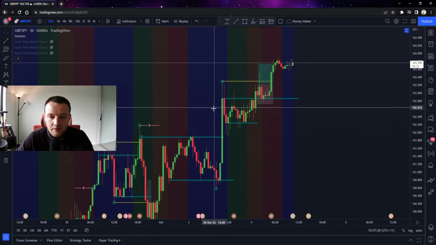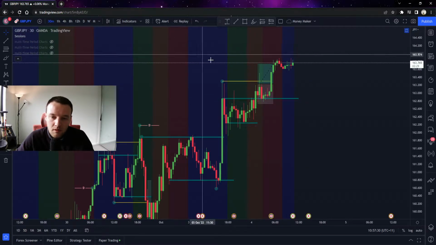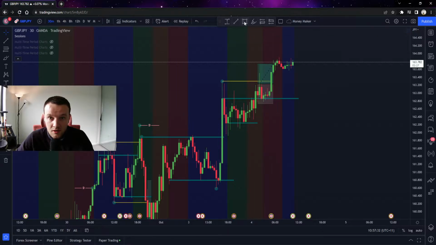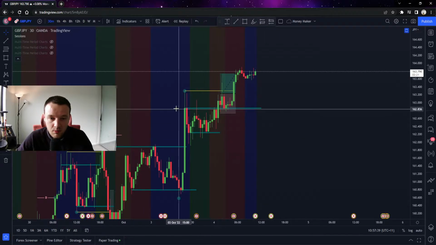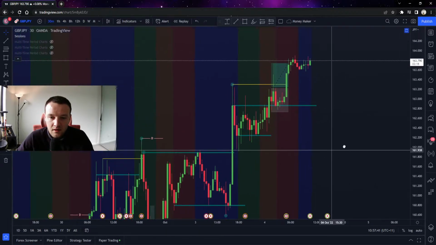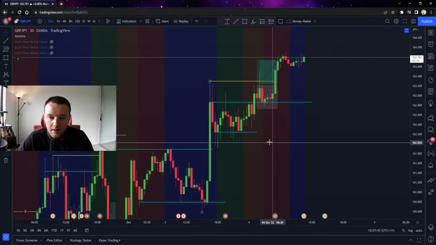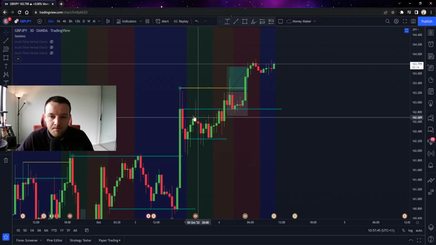And then it kind of just died a little bit throughout London session, and New York just consolidated there. You can see, consolidation. It made a support, also made a resistance, and then kind of late New York, it did break it.